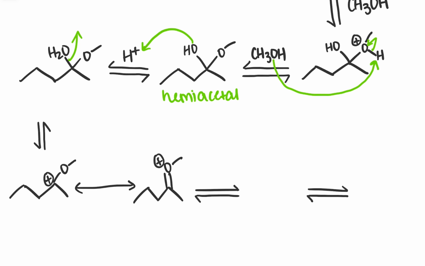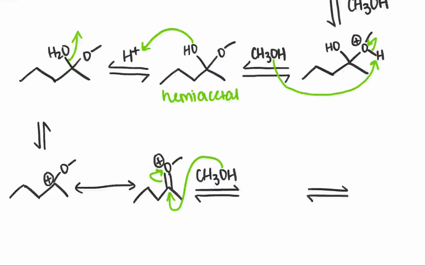Next, another equivalent of our alcohol is going to be added, and it is going to do the same thing as before. It's going to do a nucleophilic attack on our carbonyl carbon, pushing those electrons from the double bond up onto oxygen.